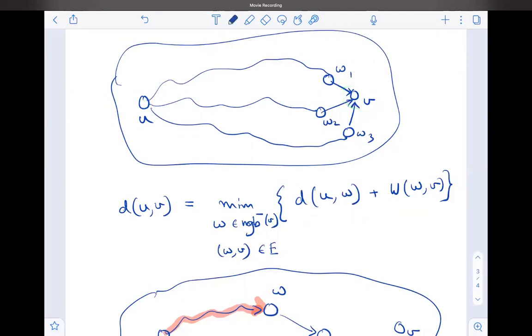So in some sense, if this takes T(n) steps, it should take me just T(n-1), because I have made the graph smaller: this is in G and this is in G minus v. So I can write this whole thing as a recursive call. You guys see this?